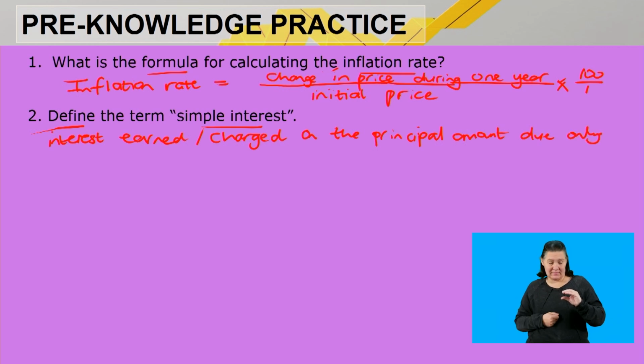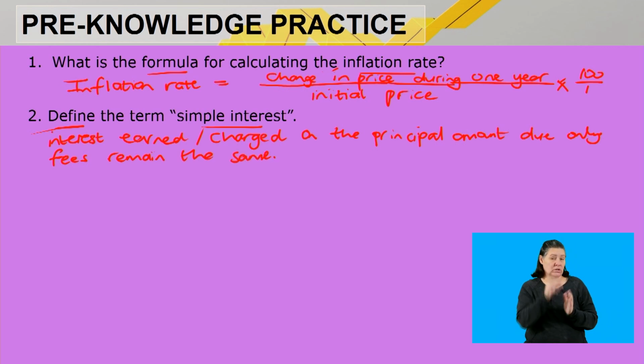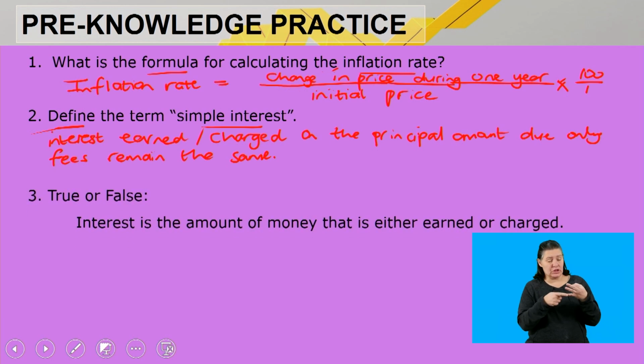So remember, we also indicated that fees remain the same normally. So the interest per year remains the same. So that's important to note there. So it's interest earned, or it can be charged on the principal amount due only. Fees remain the same.